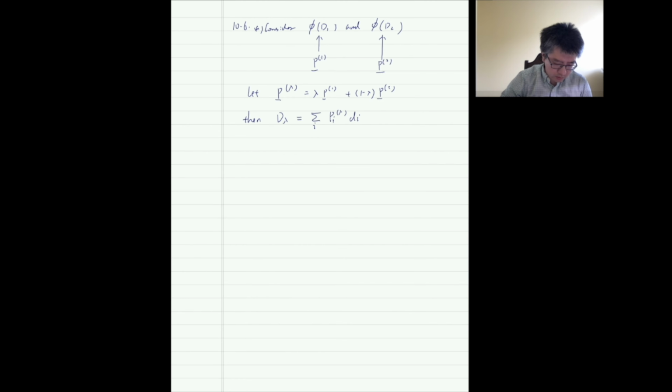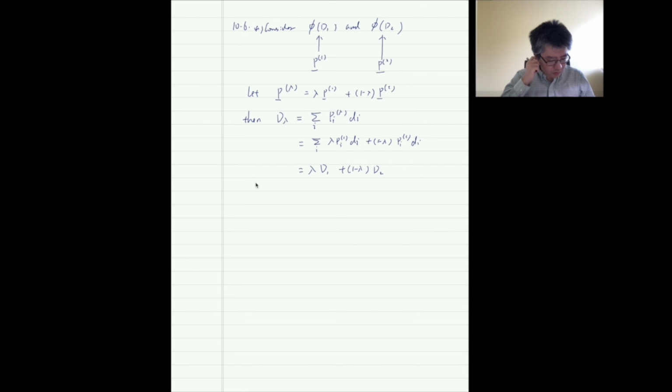Let's compute that. So this equals nothing but lambda p1 i d i plus 1 minus lambda p2 i d i. Okay, and here, if we take lambda out for the first term and 1 minus lambda out for the second term, we can see that this equals lambda d1 plus 1 minus lambda d2.